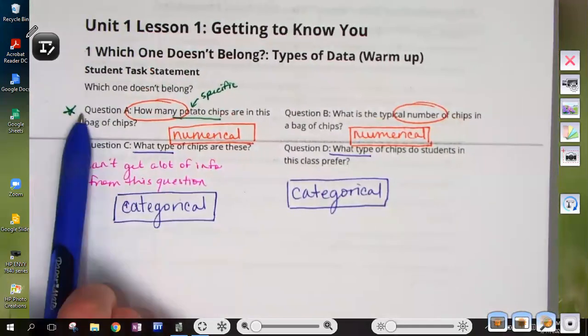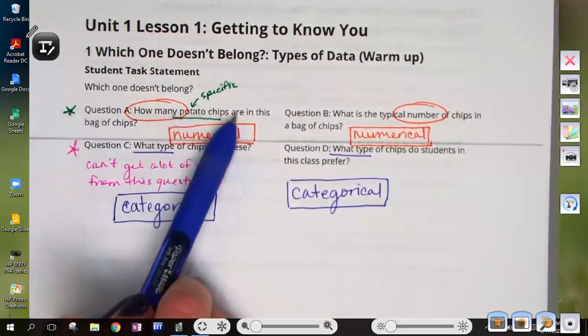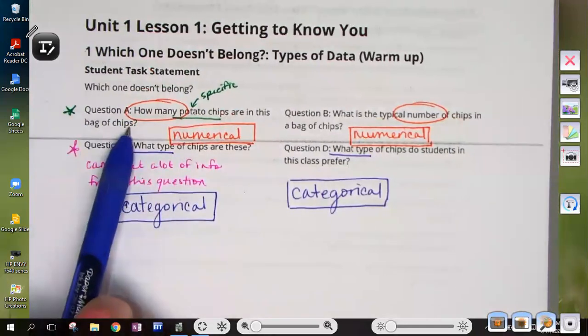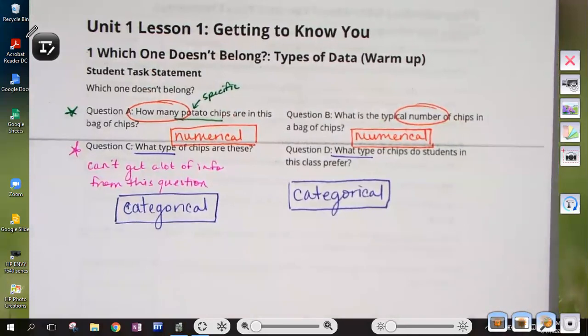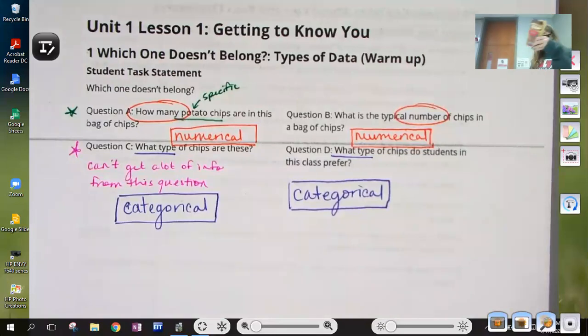Question A says, how many potato chips are in this bag of chips? If I had a bag of chips up here in my hands, here, I'll give y'all an actual bag of chips. How many chips are in this bag?